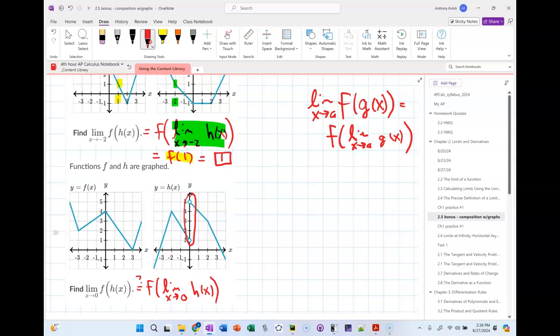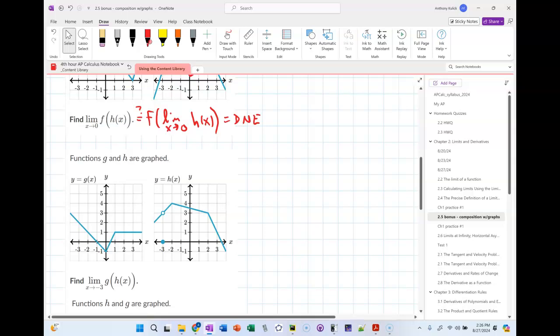Does the limit as x approaches 0 of h of x exist? No. Everybody can understand why? Because we have a discontinuity there at 0. So, okay, well, I'll just say does not exist, right? If the limit of h of x doesn't exist, I can't plug does not exist into f. That doesn't work, so that seems okay.